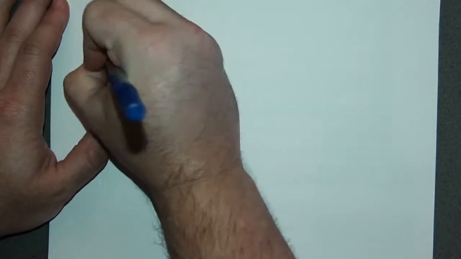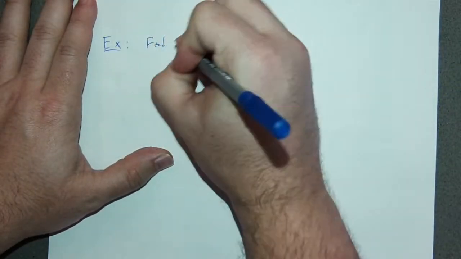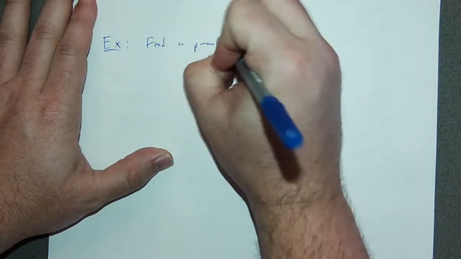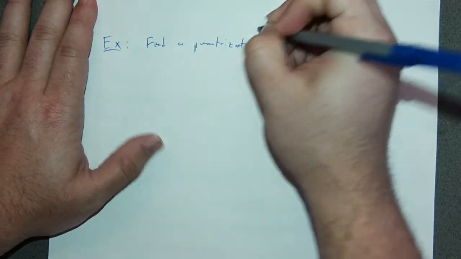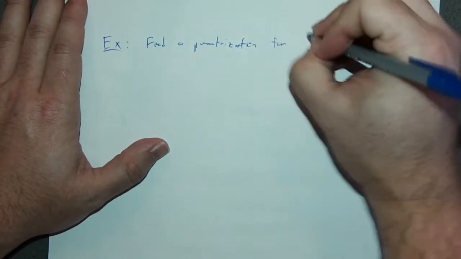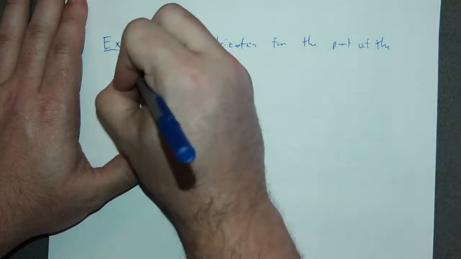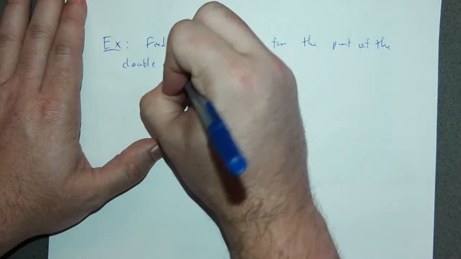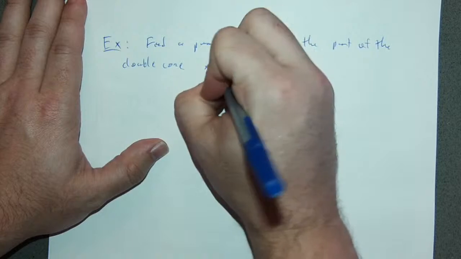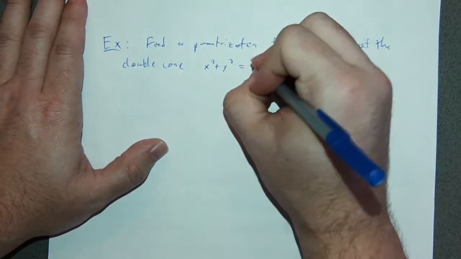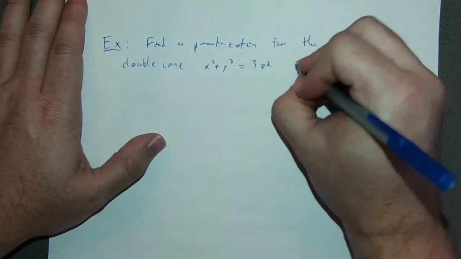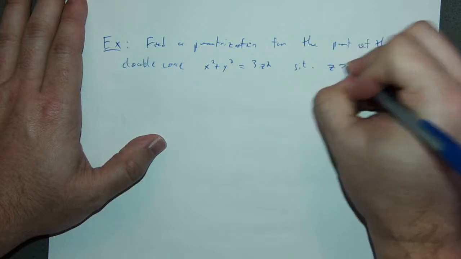So, next example. Let's see here. Let's find a parameterization for the part of the double cone x squared plus y squared is equal to 3z squared, such that z is greater than or equal to 0.